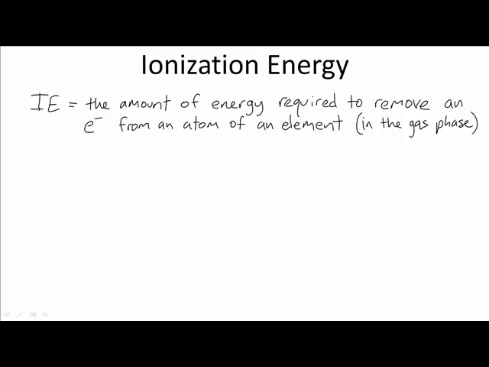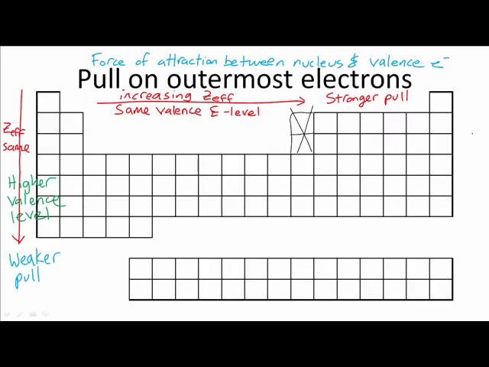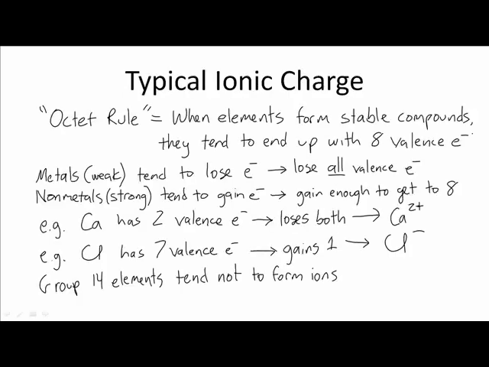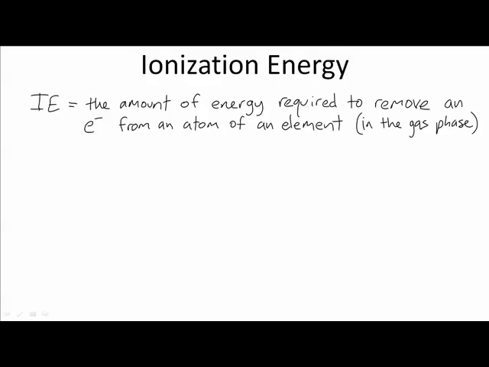So if you have a sample where you've got individual free atoms of that element, how much energy would it take to make an electron pop out? So given what we know about the general trend, what do you think we can say about the trend in ionization energy? How will that change as you move through the periodic table?